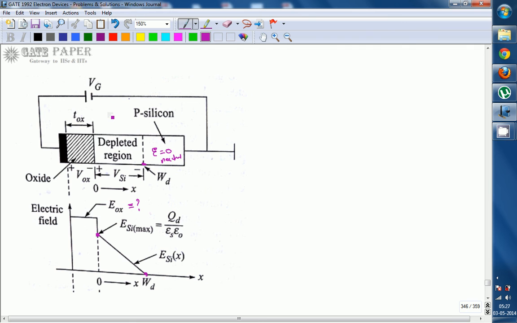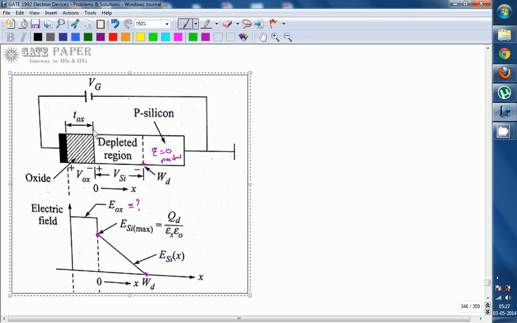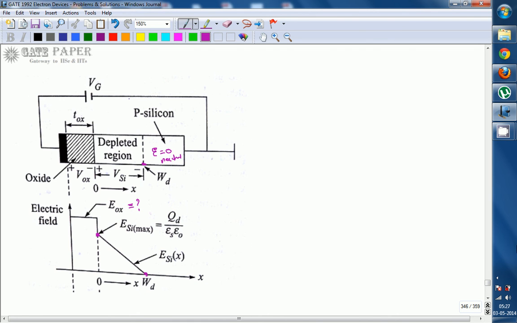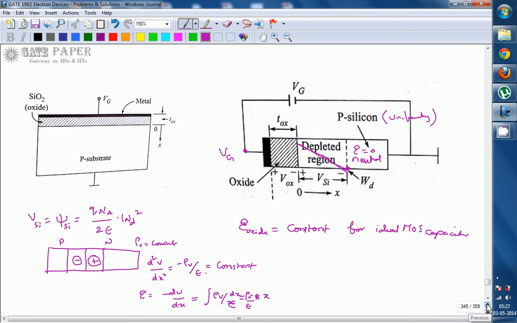If you observe this diagram, this is the MOS capacitor diagram. Whenever you are applying a positive voltage, the electric flux lines move in this direction. Always, electric flux lines move from more positive voltage to less positive voltage.